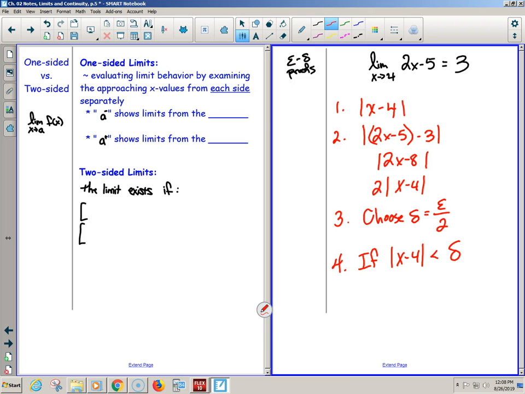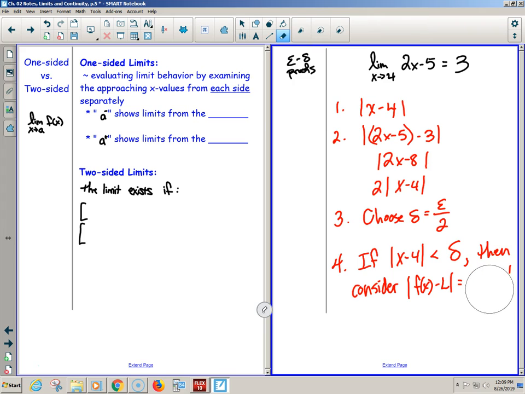Okay. Then consider the absolute value of f of x minus 3, which equals the absolute value of 2x minus 5 minus 3. Oh, so he actually showed the work. It's the same thing. Is it okay if I just go straight there? Yeah. Okay.